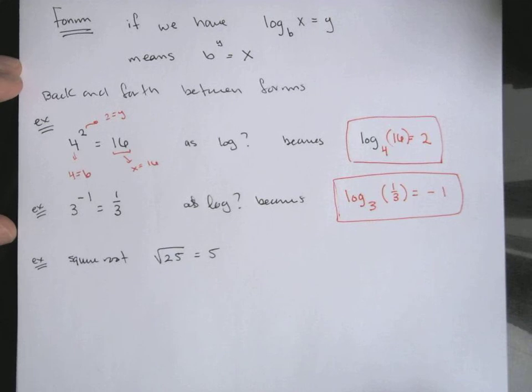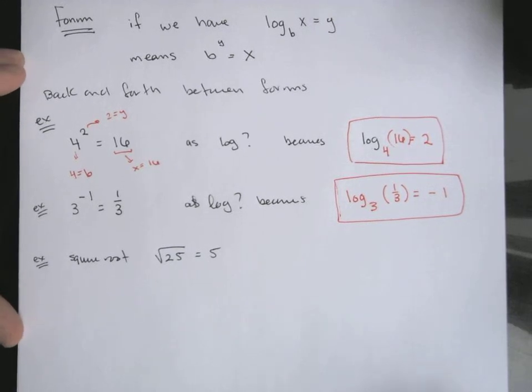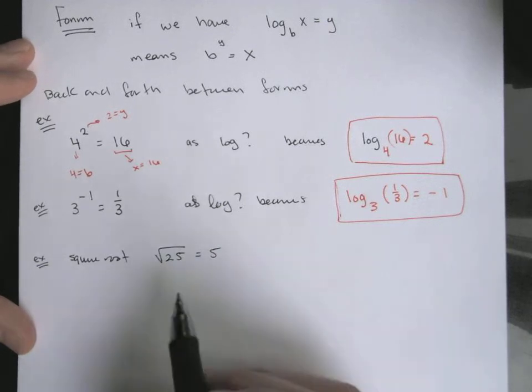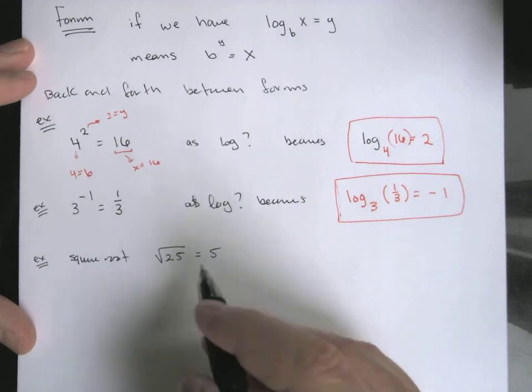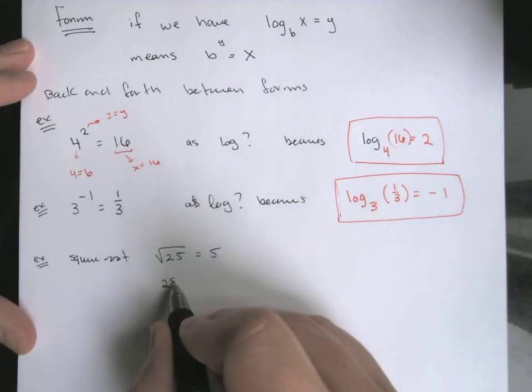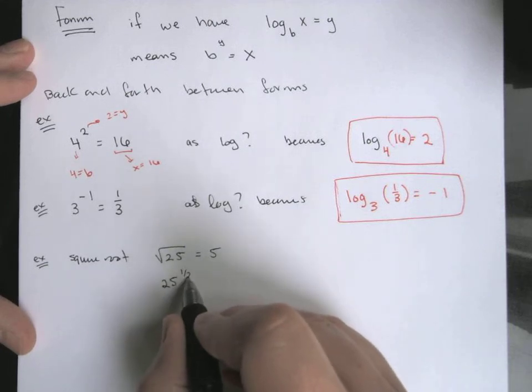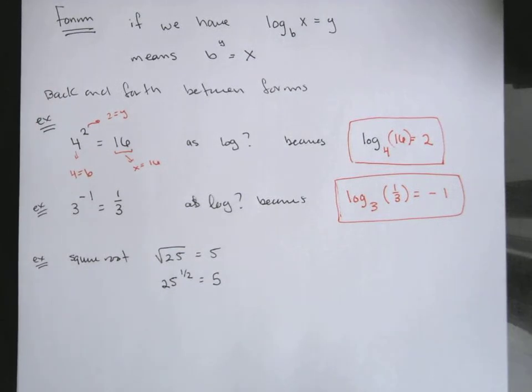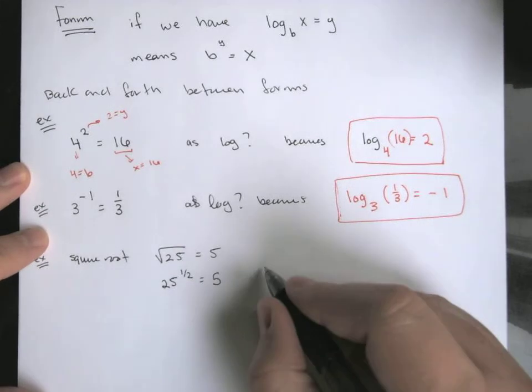All the different roots are going to involve fraction exponents. A square root is a 1/2 power, a cube root would be a 1/3, a fourth root is a 1/4, and so on and so forth, right? So how do I get from 25 to 5? It's whatever power would give me a square root, and that power is going to be 1/2. So 25 raised to the 1/2 equals 5.